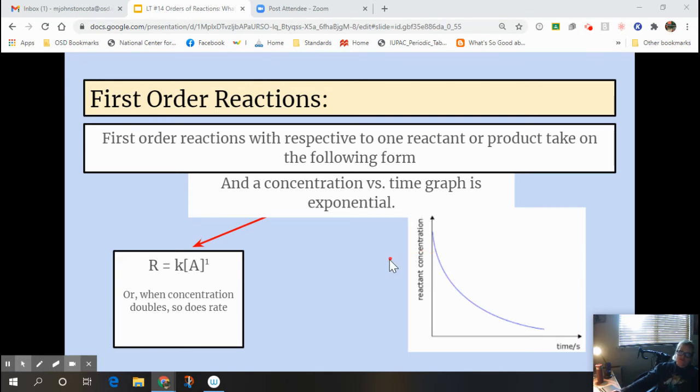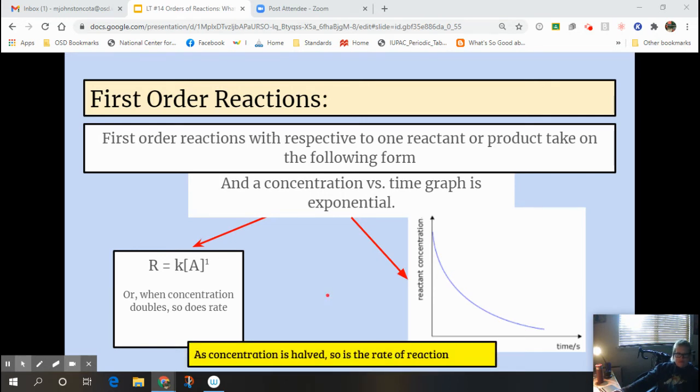So first order reactions are exponential decay. You could get into this talking about half-life and so on and so forth. We are going to skip that in the distance learning model. As concentration is half, so is the rate of reaction. And that is one of the indicators that you've got exponential decay.